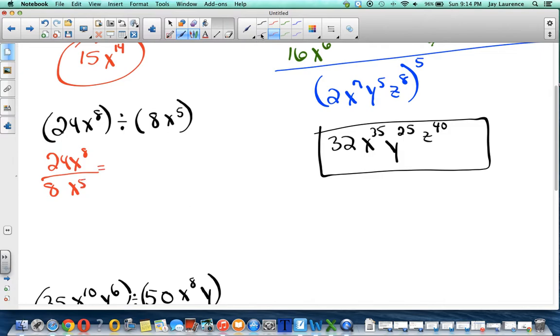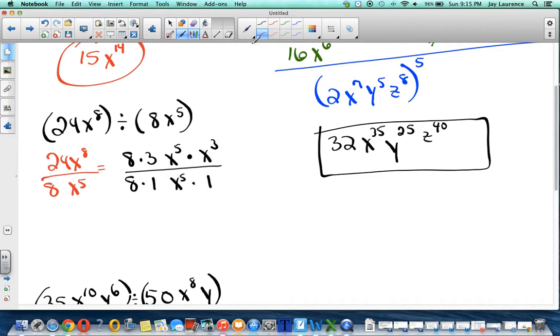All right. I'm going to think about 24 as 8 times 3. I'm going to think about 8 as 8 times 1. x to the 8th, I'm going to think about as x to the 5th times x cubed. And then down at the bottom, I'll have an x to the 5th. And if you want to put a times 1, you can.